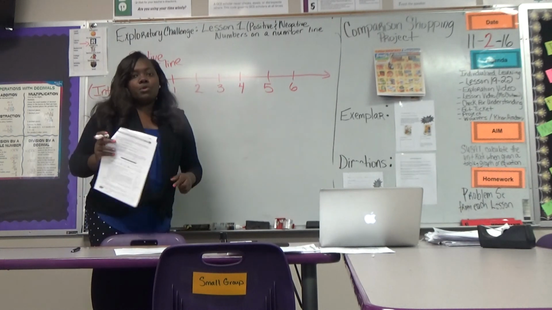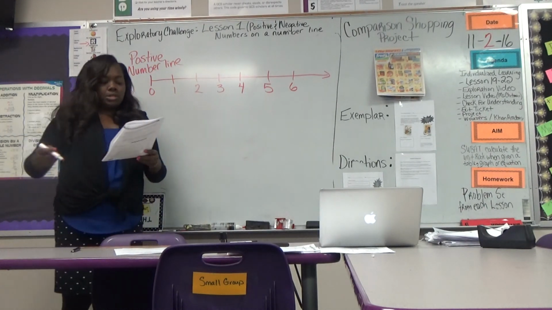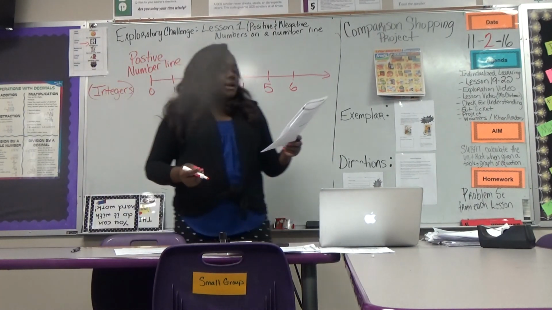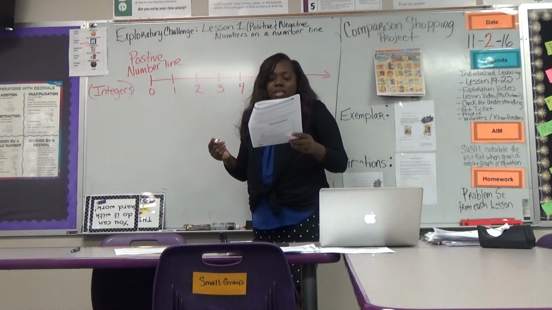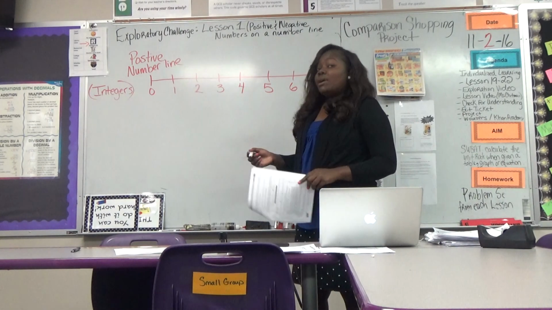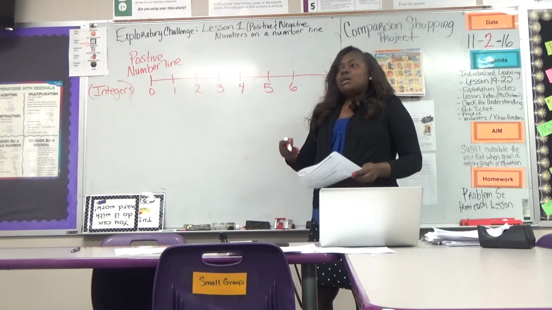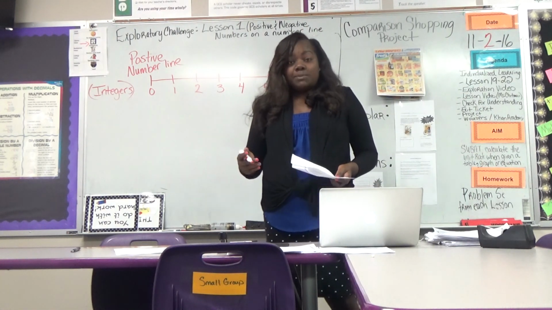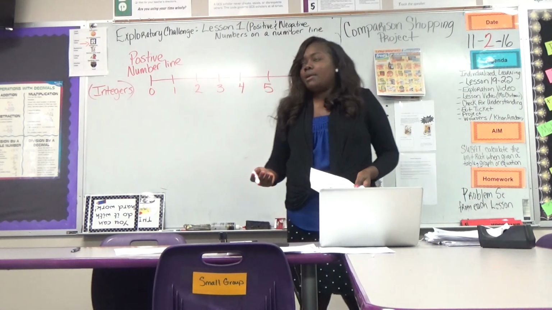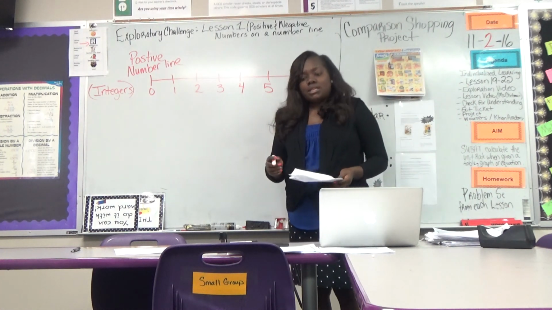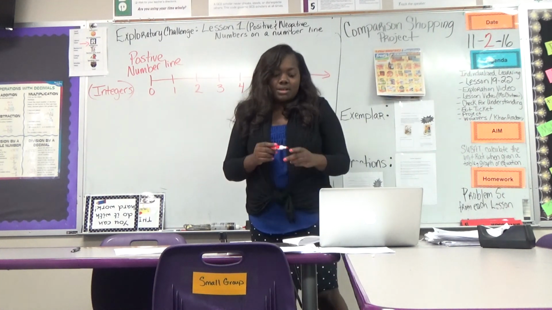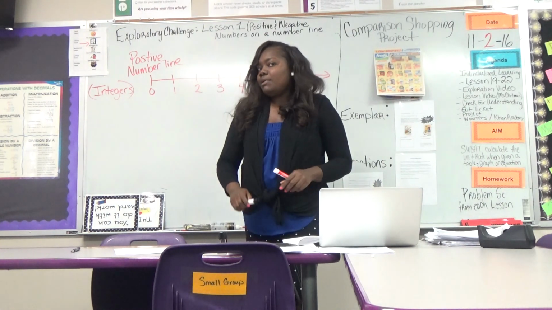So I'm going to ask you a few questions about this, and then I want you to do this with your paper. So here I want you to model the location of a number relative to 0. When a number is relative to 0, that just means that 0 is our starting point. So if I wanted to locate 3 on this number line, Caleb, what would I do?